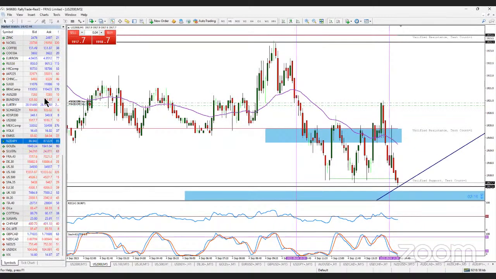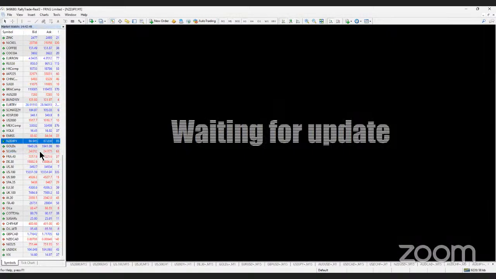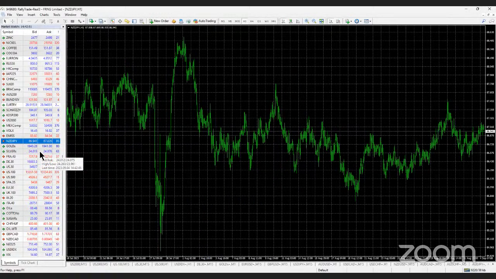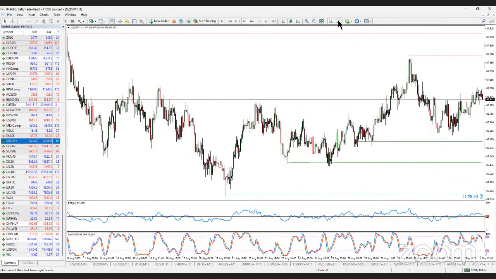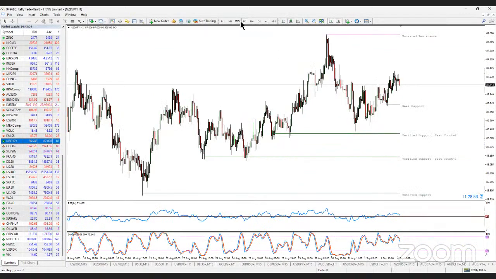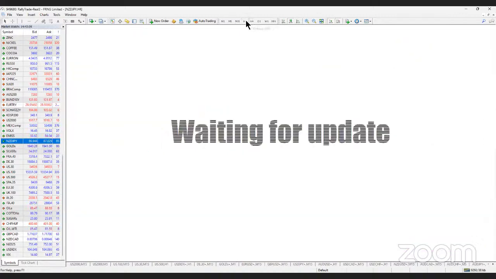NZD-JPY. Let's check. Yeah, the 4 hours time frame is above 50. The 1 hour is also above 50 RSI.